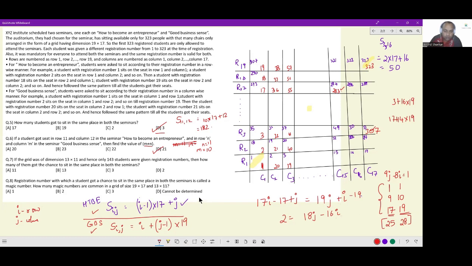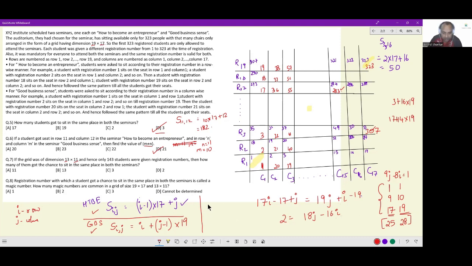Now see, the grid was dimensions 13 into 11. Right now, we had 19 into 17. So 19 rows, 17 columns. Now there are 13 rows and 11 columns. All that it does is change the number of rows and columns. So given that previously the number of columns was 17, now the number of columns is 11.